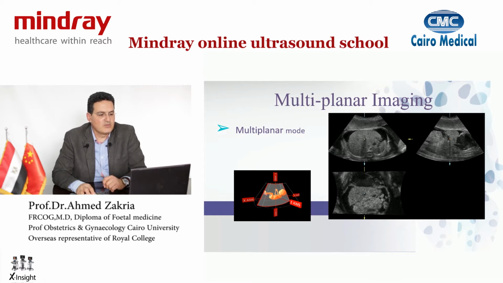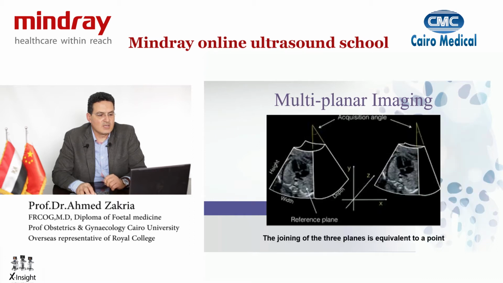Let me go through different points in that. For instance, if you're doing an acquisition of a volume of the heart, the three planes that you have applied will have a junction point, and you use that reference plane and move the point across the different structures of the heart so you can see them in all the views.